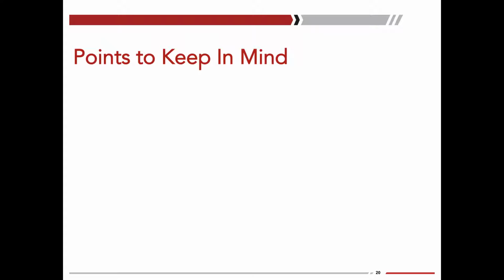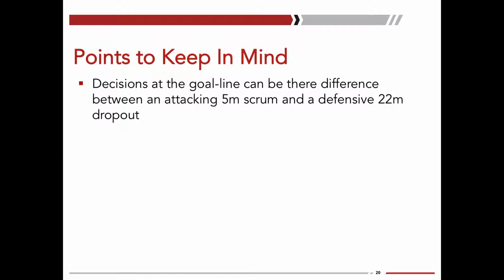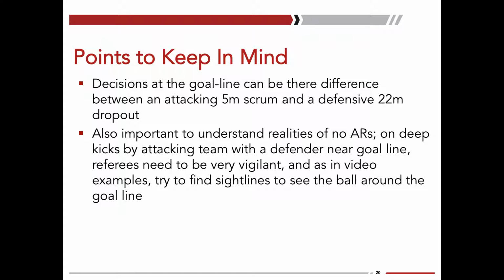So a couple of other points to keep in mind. The decisions at the goal line are probably the most crucial in terms of the goal line, dead ball line, as players bringing the ball into their own in goal can mean the difference between an attacking 5-meter scrum and a defensive 22-meter dropout. So it's also important to understand the realities of not having assistant referees, and so on deep kicks by attacking teams with a defender near the goal line, referees need to be very vigilant, and as in the video examples, try to find sight lines to see the ball around the goal line, right?